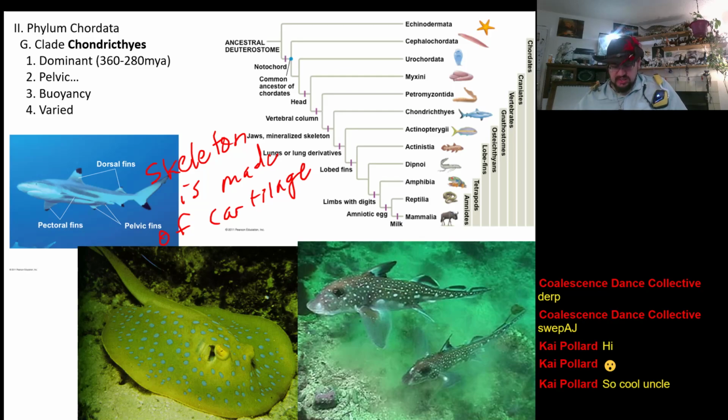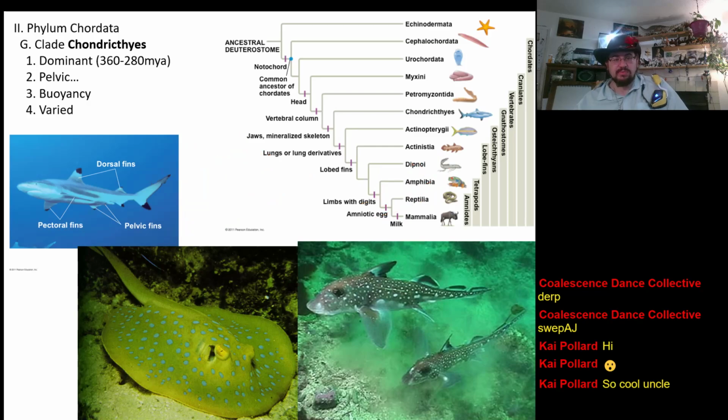Cartilaginous skeletons are pretty cool. They are extremely flexible. Allow a lot of these animals to be extremely agile. So, these cartilaginous fishes can be very agile due to their flexible cartilaginous skeleton.